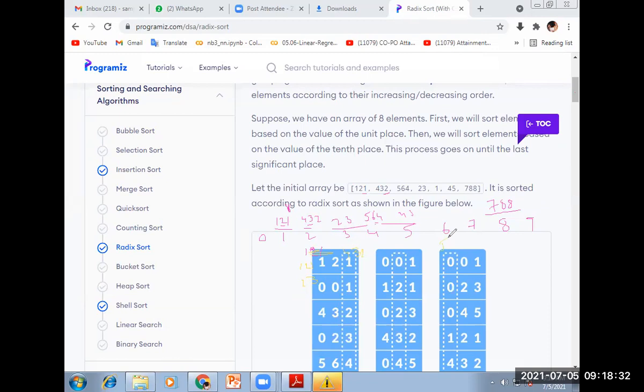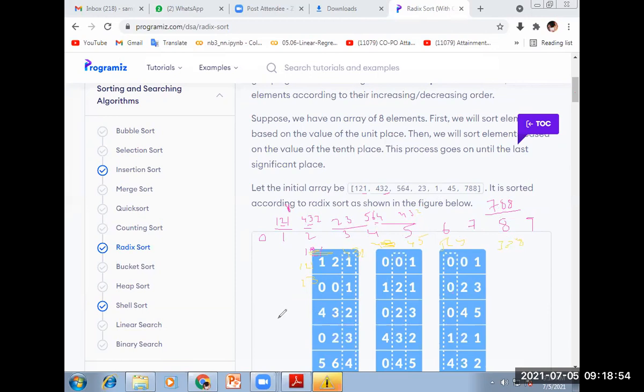So 564 is stored here, 45 stored here, and 78 stored here. Just write the elements in order.